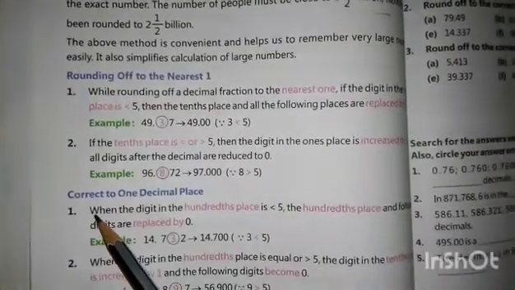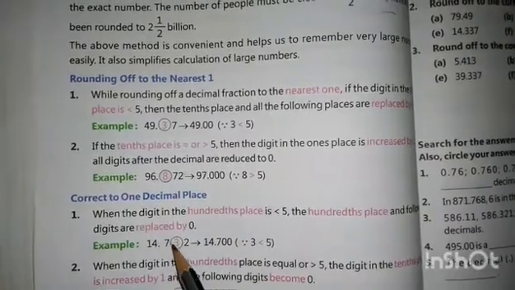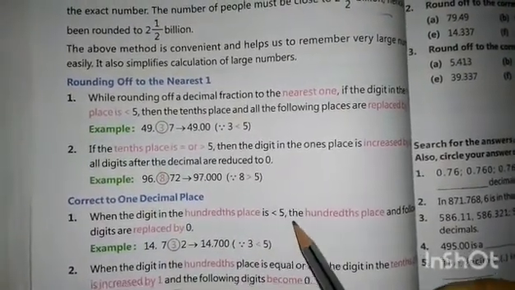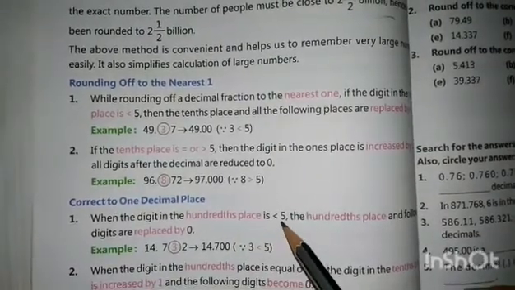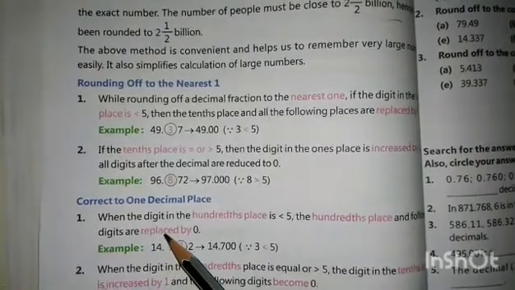Correct to one decimal place: when the digit in the hundredths place, the place after the tenths place in the decimal part, is less than 5, the hundredths place and following digits are replaced by 0.